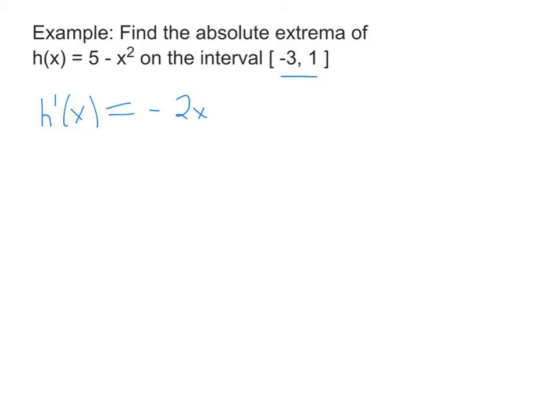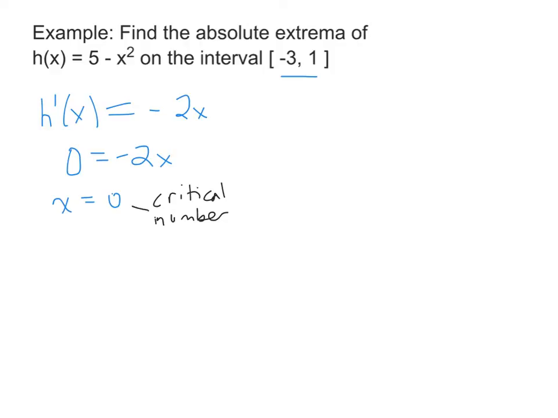Okay, so now we need to set this equal to 0 and solve, because our critical numbers are where our derivative equals 0, and you should be able to see that x equals 0 is a critical number. I'm not going to be writing "critical number" always, but this is just to show you there's a critical number.